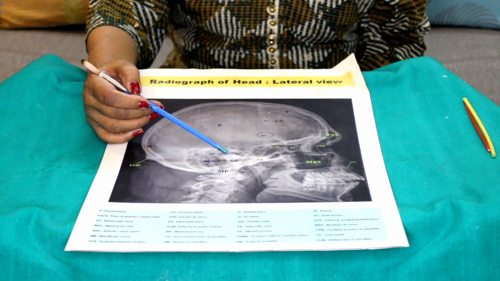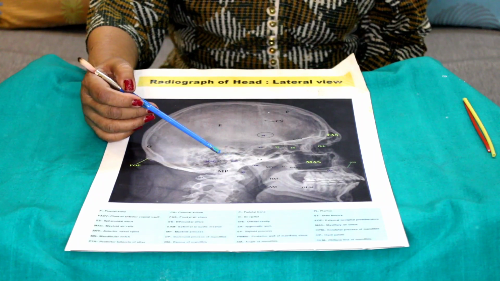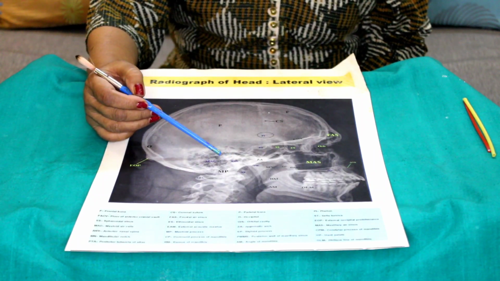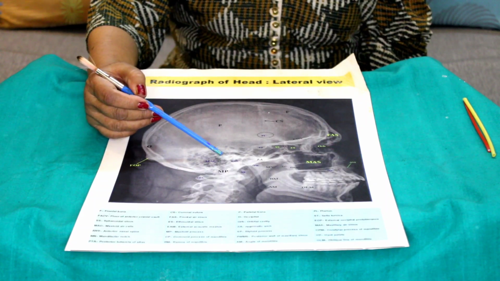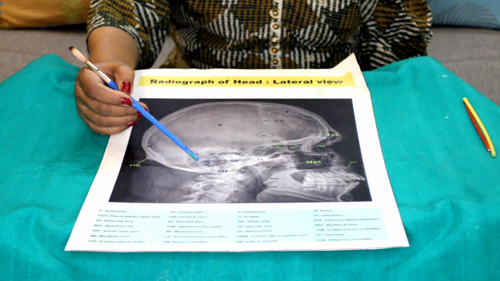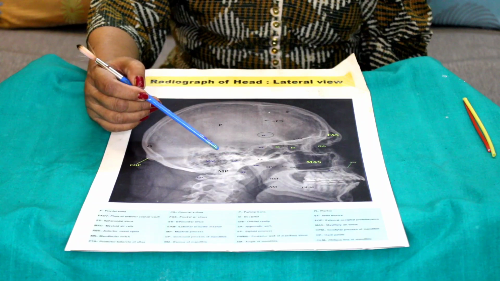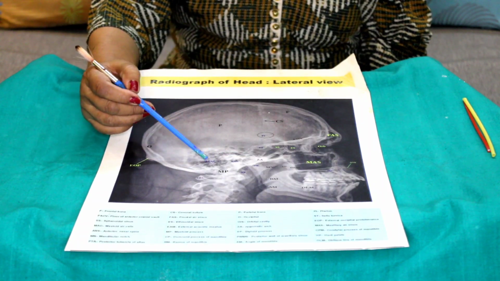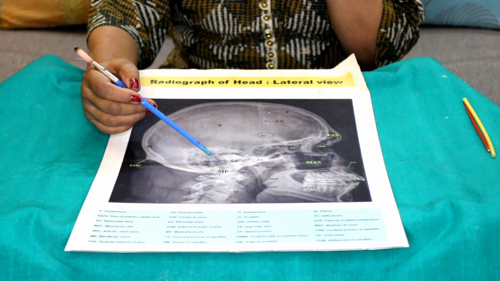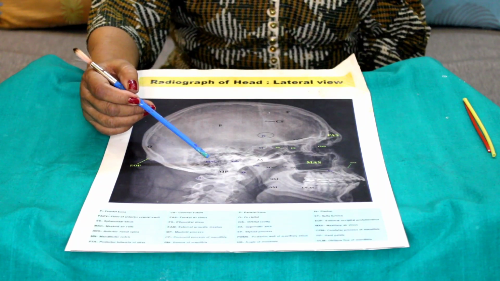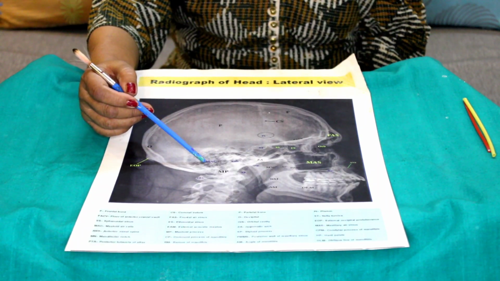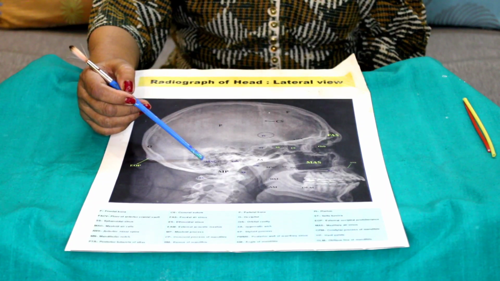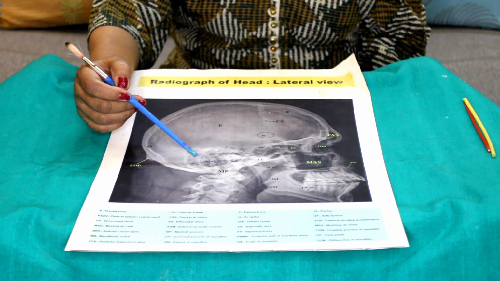Behind the external auditory meatus, you will see the mastoid process of the temporal bone, and here the mastoid bone has a honeycomb-like appearance. So this is very much perforated with the mastoid air cells. This type of mastoid is known as the pneumatic mastoid.